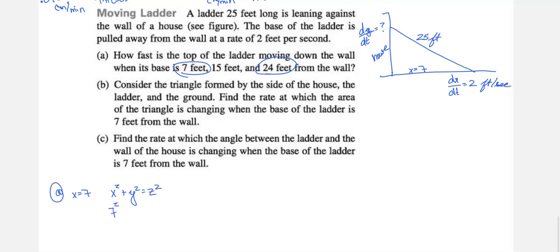So I'm going to have 7 squared plus y squared equal to 25 squared. I'm going to figure out what y is first. And I got a 24 here for that.